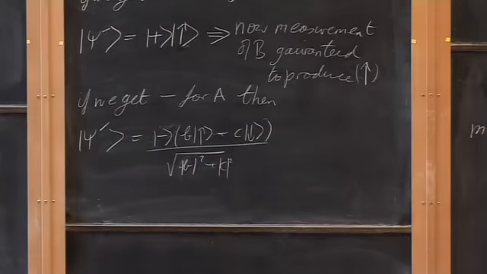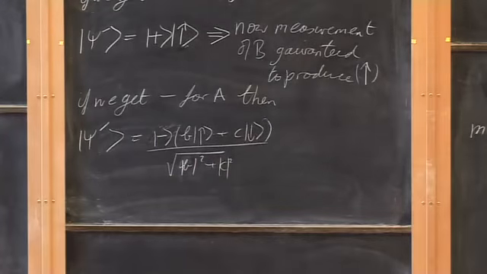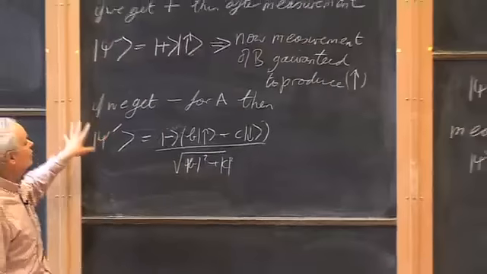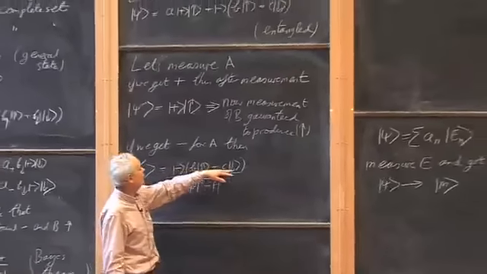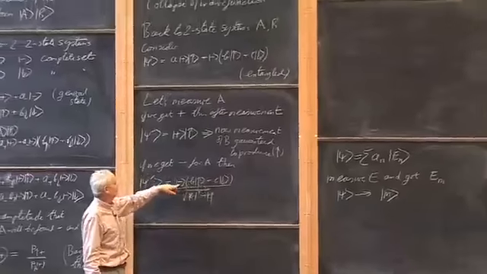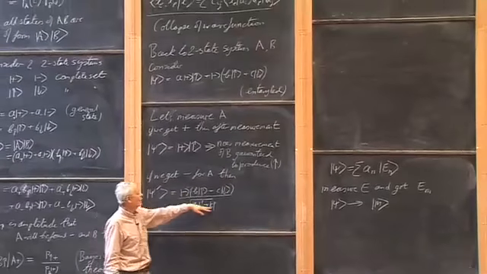So this is what the theory claims, that if you get the minus thing, then your new state is essentially the coefficient of minus and minus itself, all properly normalized.